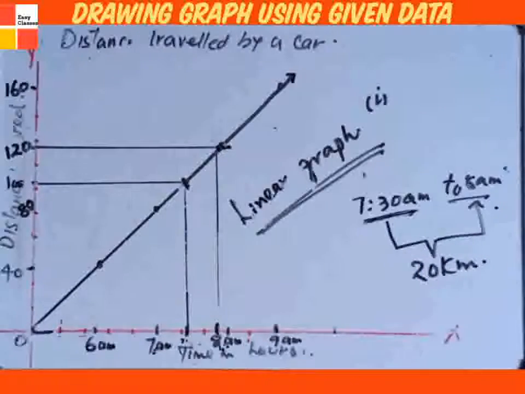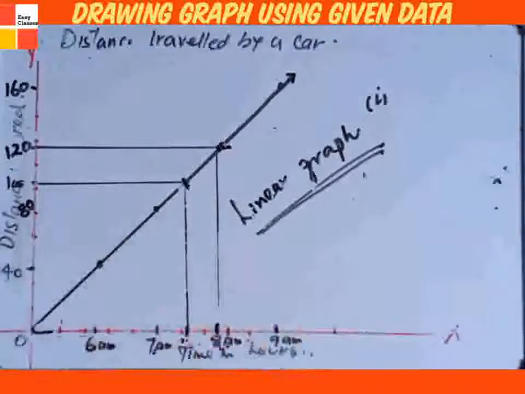There is another question. What was the time when the car had covered a distance of 100 kilometers since it started? So the car starts from here, and we have to find the distance of 100 kilometers.